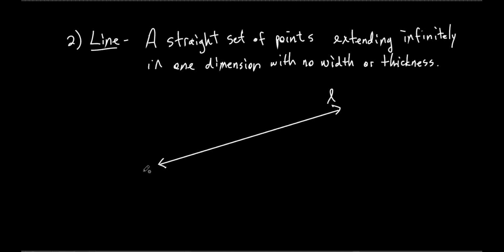I could have put the L right here. I could have put it out in front. Normally we would not put it in the middle like this. It probably wouldn't be wrong, but we normally don't do that. We usually put it at one arrow or the other, okay? So any lowercase letter, I could have named this lowercase a, lowercase b, lowercase z, doesn't make any difference. So I could just call this line L, and that's how we would say this. We would say line L, okay?